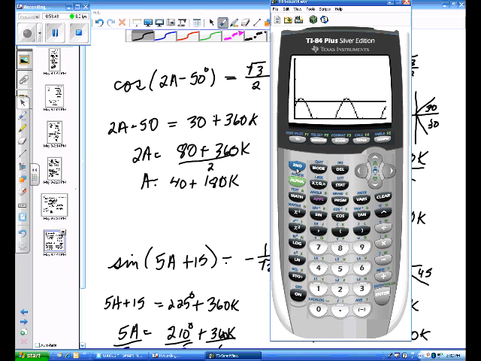So we can do second, calculate, and we're wanting the intersect, which is number 5. And we could check any one of those. Well, let's go back to the first one.